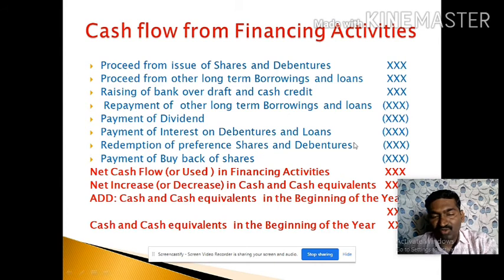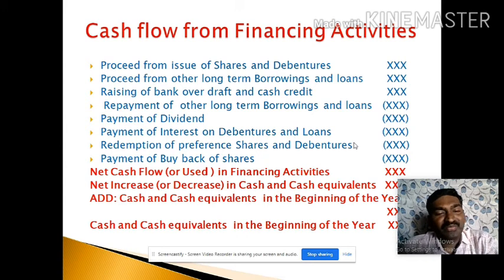So, so far we have discussed the cash flows from operating activities, investment activities, financing activities. After finding out the three activities, then add all these three items. The resulting figure, whether it may be positive or negative, if it shows a positive, that is net increase in cash equivalent, or if that figure is showing a negative, that indicates decrease in cash and cash equivalents.